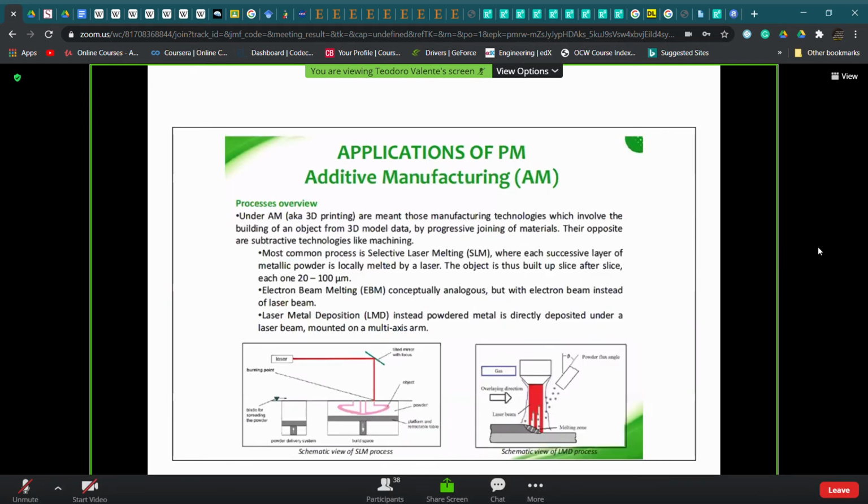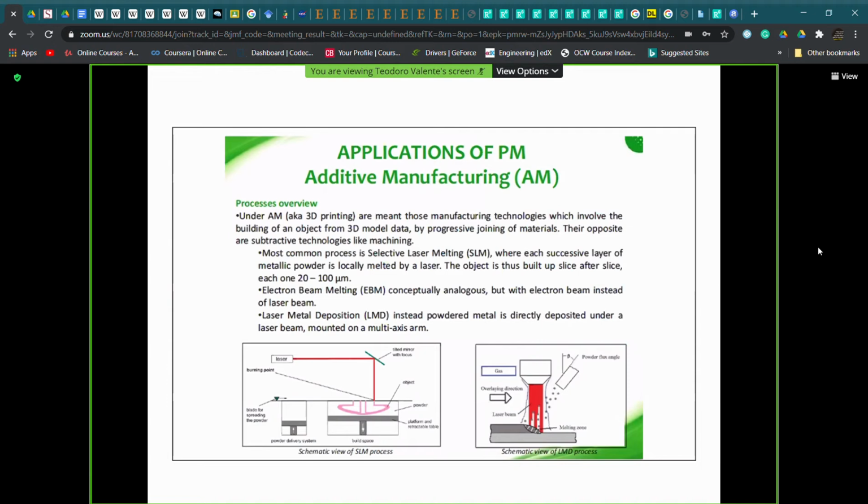And the last class of techniques which belong to the powder metallurgy techniques, which we must mention, are those defined as AM techniques, that is additive manufacturing techniques.